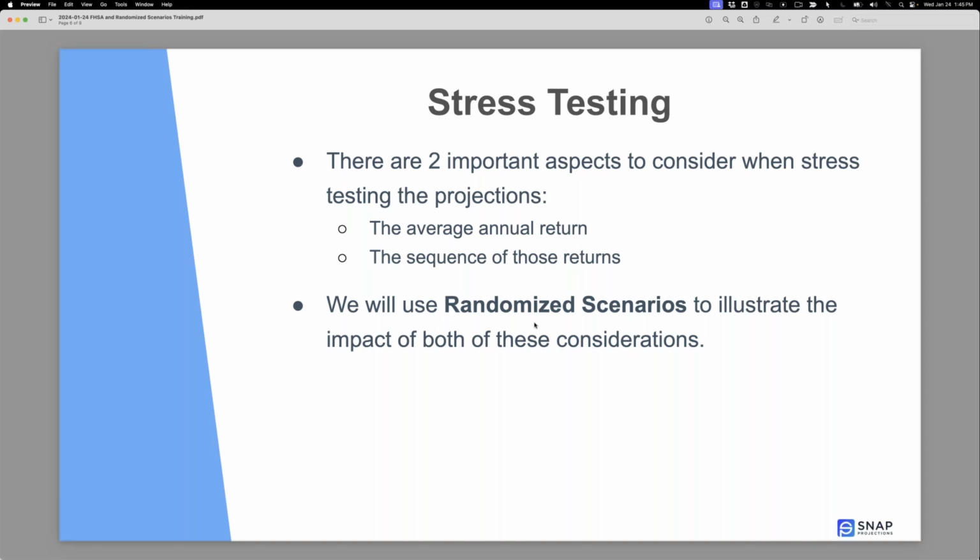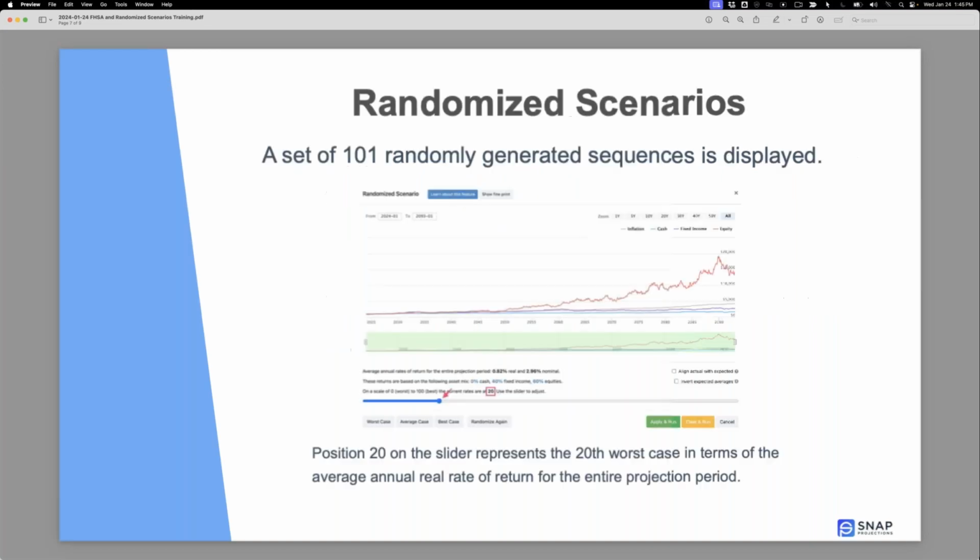We're using randomized scenarios to illustrate both of these considerations. There are 101 randomly generated sequences. We're moving the position on the slider by selecting position 20, so the 20th worst average real rate of return out of these 101 sequences.